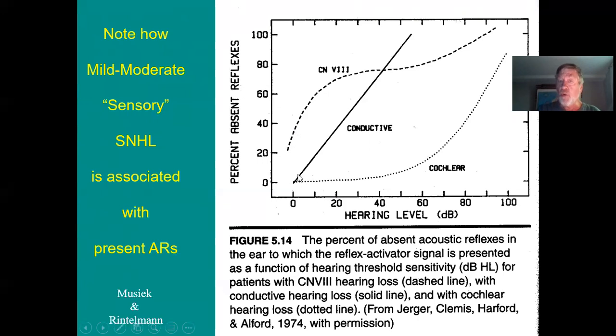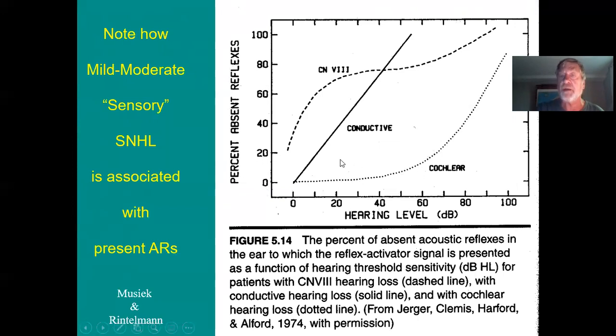With cochlear sensory neural loss, if you've got a 20 dB loss, you should still have acoustic reflexes. You've got a 30 dB loss, you should still have acoustic reflexes. Percent of absent, look at the vertical axis. It's only when the loss gets to be beyond about 60 that you start losing acoustic reflexes, and that's because outer hair cell pathology causes a mild to moderate loss.